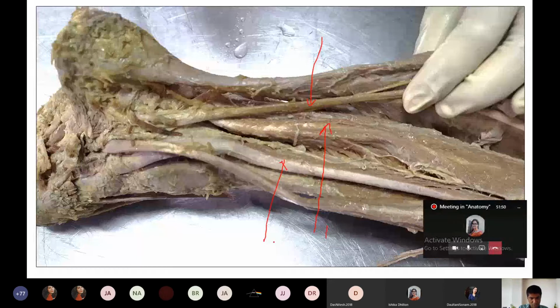This arrow, this is number 2. Similarly, this one also you have to identify. If you can identify these 3 tendons or these 3 muscles, even this number 4, already I have told the name of this structure, then it will be more than enough in this compartment.